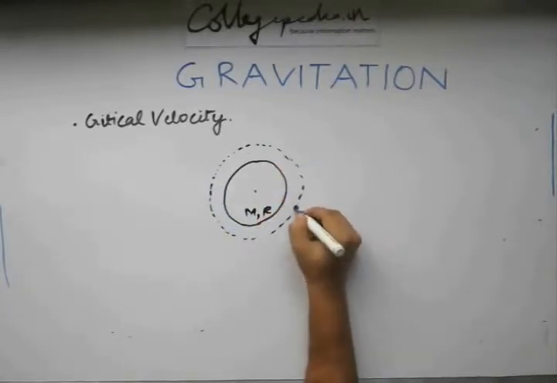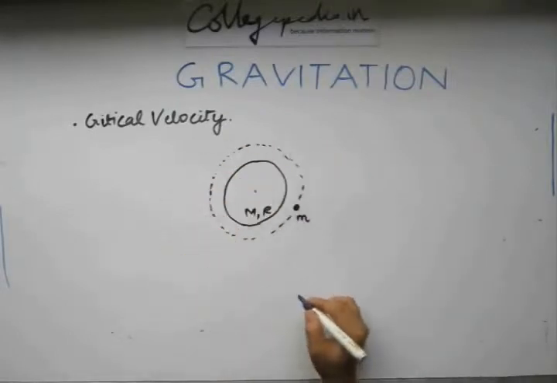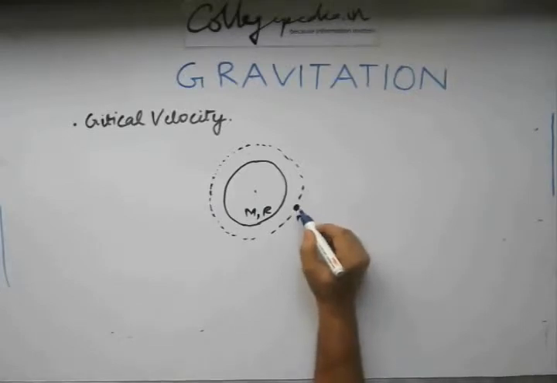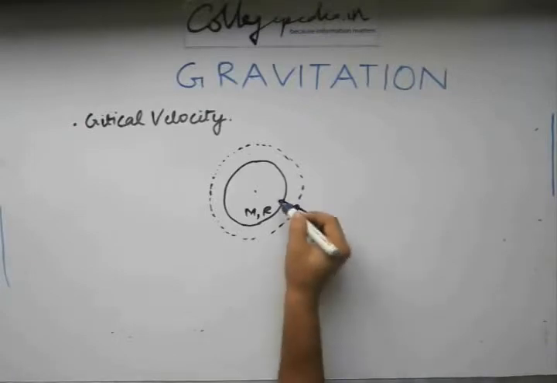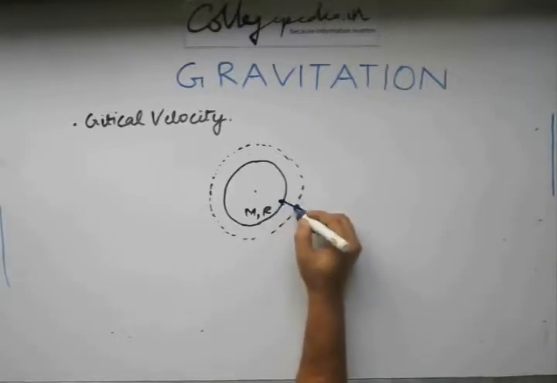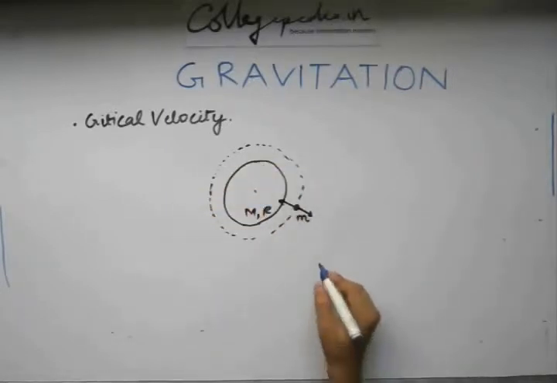If we look at the forces, this small mass m, which is circulating in a circular orbit, experiences the centrifugal force and the gravitational pull. These two forces must balance off to keep it in this path. Thus, it will rotate in a circular path.